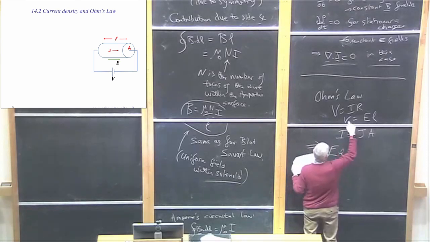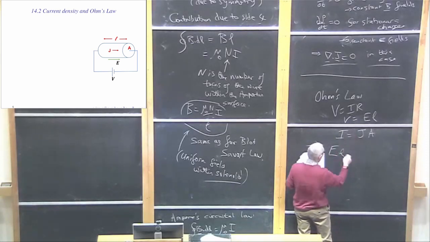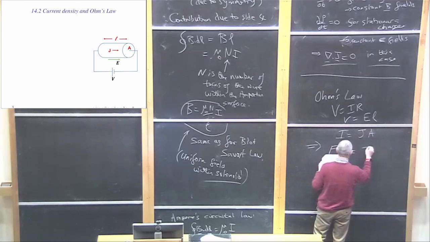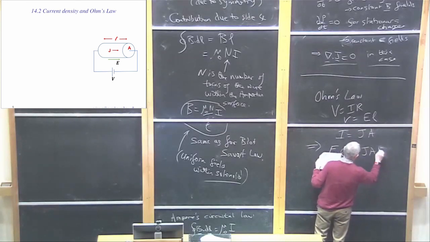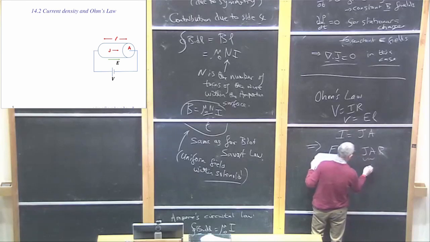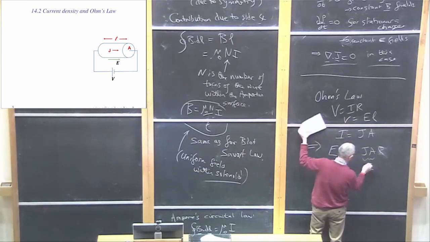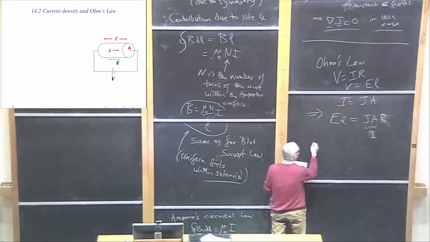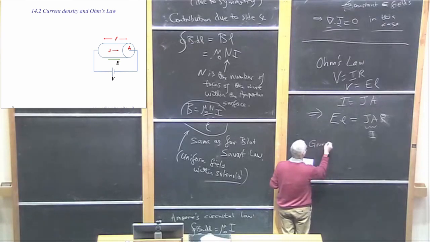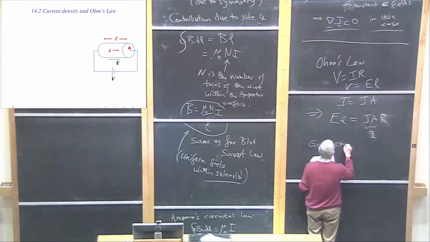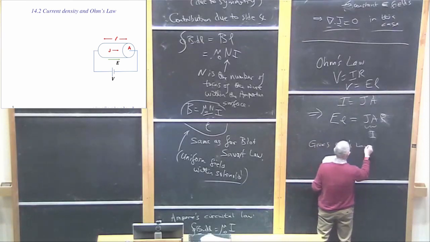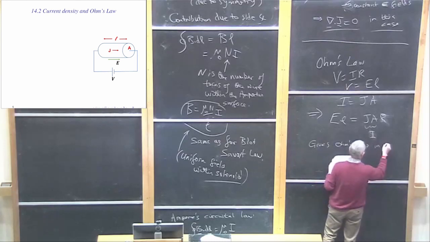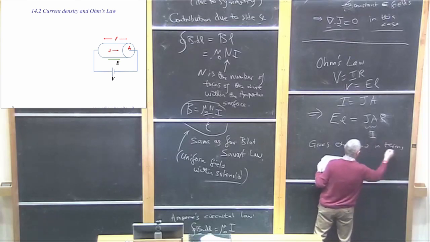EL, which is just V, is IR, which is JAR. JAR is just I. So EL is JAR, which gives Ohm's law in terms of current density.